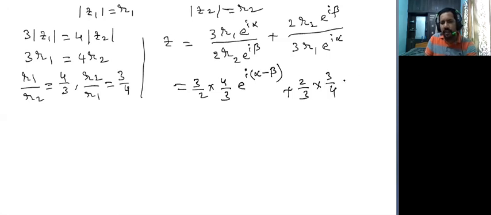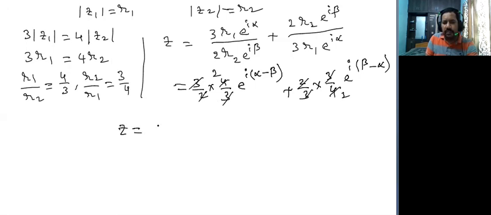We get e power i into beta minus alpha. See the calculation here. 3 3 cancel, 2 2s are 4. Here 3 3 cancel, 2 2s are 4.